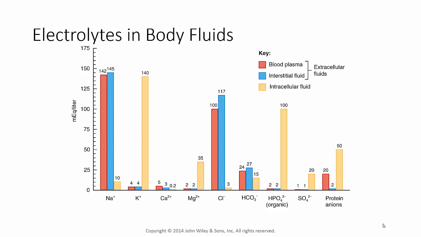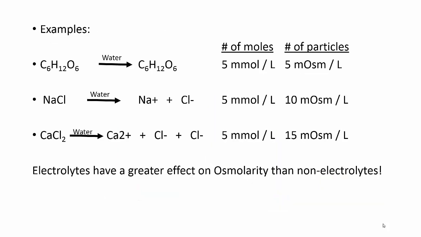Now, this picture right here, guys, with the electrolytes, I'm going to come back to in just a second. But let's kind of look at how we can see the three different ways that concentrations are measured. So some examples here, guys. If you look at the sugar, the C6H12O6, when it's put in water, it still stays as the C6H12O6 because it's a covalent molecule. If you'll notice here, it has 5 moles per liter.